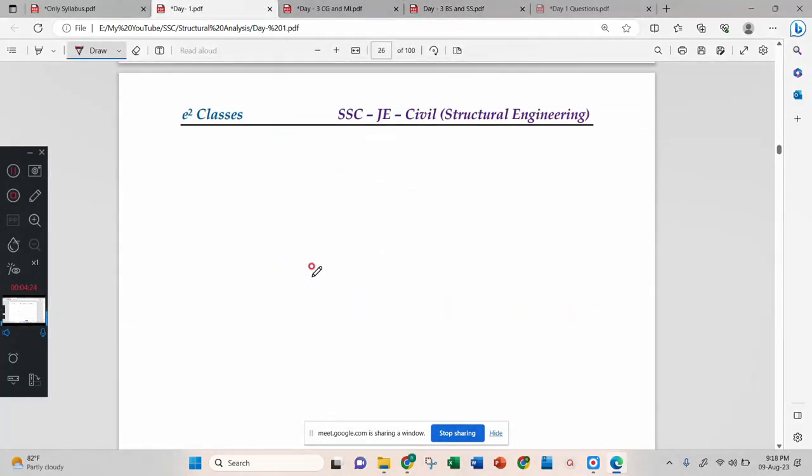Take some 3 or 4 minutes gap, because your brain should not get confused between moment of inertia and this one. You should have a fresh mind to study it. That's right. Bending stress and shear stress.